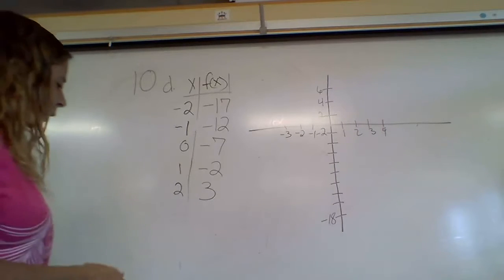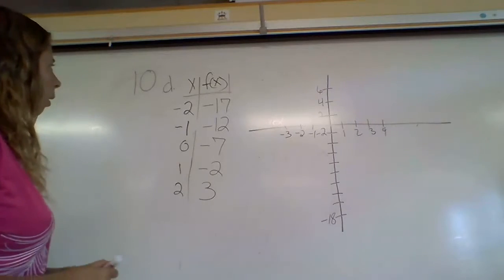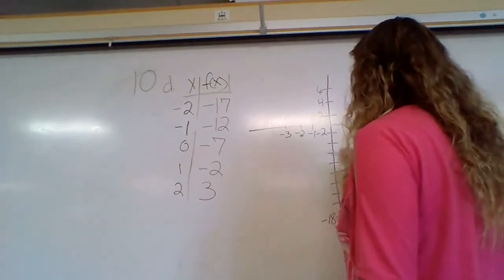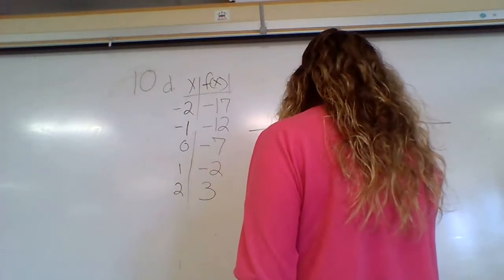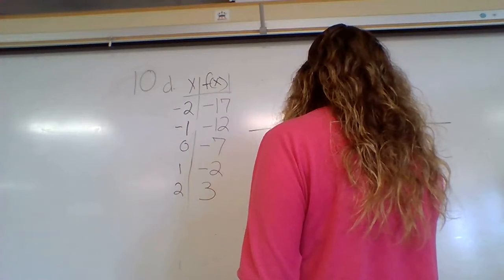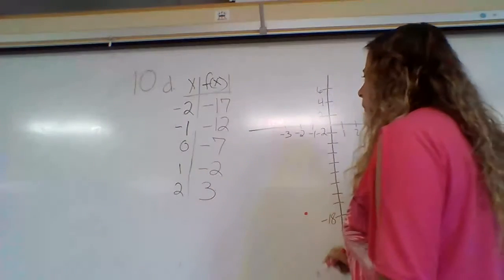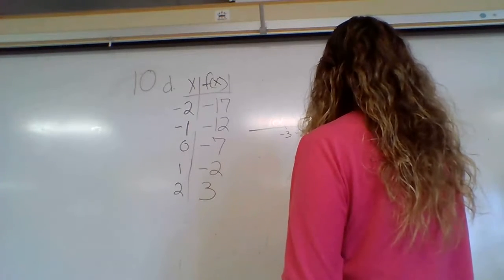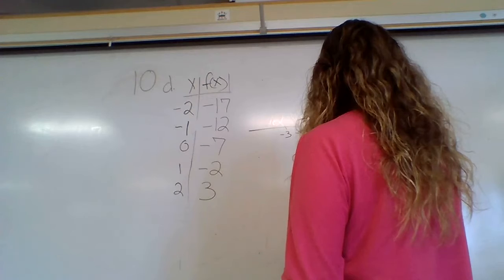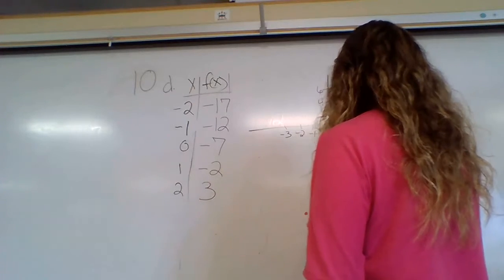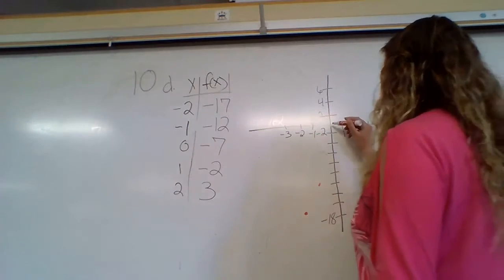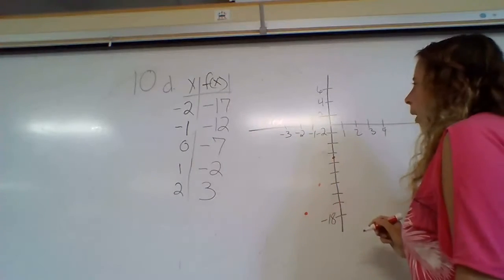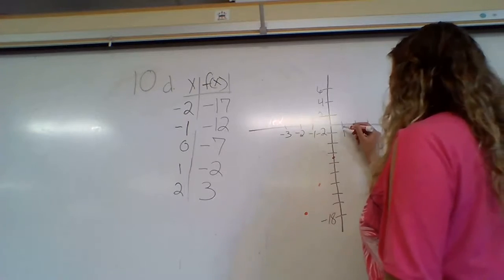So you just graph the points I gave you. Negative 2, negative 17. So that's going to be in between, right there. Negative 1, negative 12. So negative 2, 4, 6, 8, 10, 12. My line is not going to be perfectly straight, but I'll try. And then 0, negative 7. 1, negative 2.